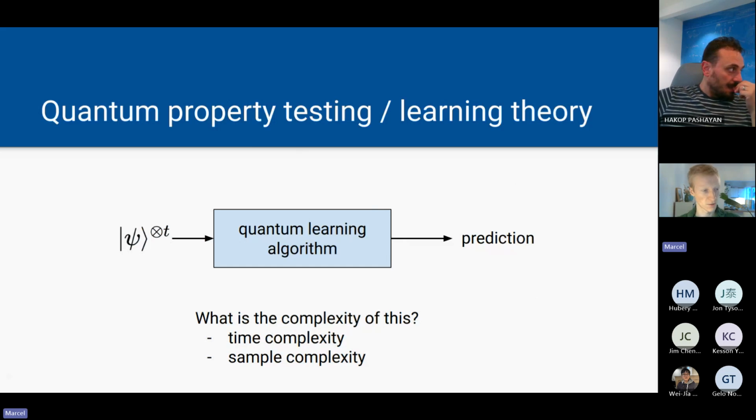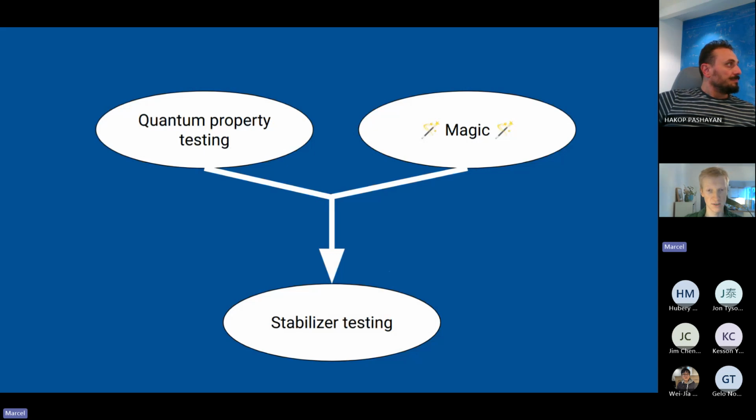For instance, quantum state tomography or quantum shadow tomography are also questions of this type that have a similar setup where you get copies of the state, you have a quantum learning algorithm, and you're supposed to make predictions based on data that you obtain by extracting information from the states. Okay, so stabilizer testing is really the marriage of two things. It's the marriage of quantum property testing applied to this resource theory of magic. And what we're trying to test for is, is the state magical or not?